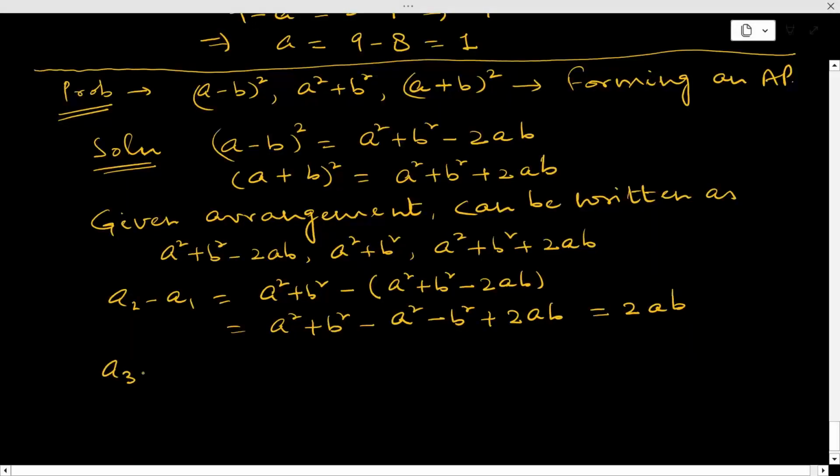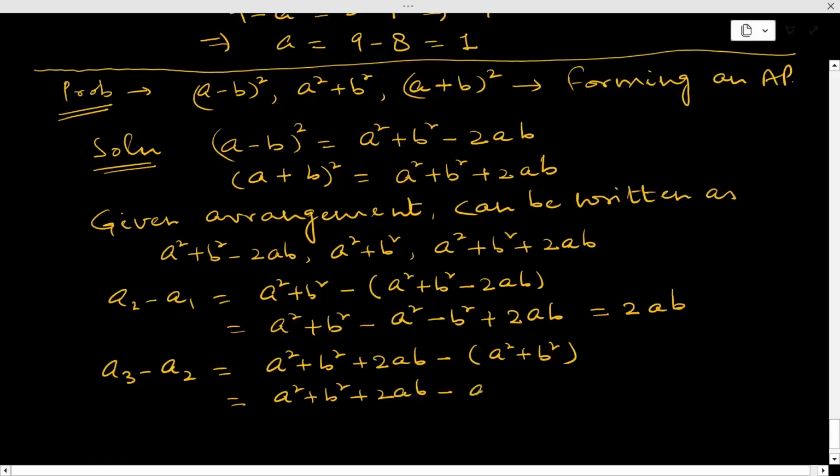Now if you take the next difference, this is a3 minus a2, which is a square plus b square plus 2ab minus a square plus b square. So this is our a3. So from here you obtain a square plus b square plus 2ab minus a square minus b square.